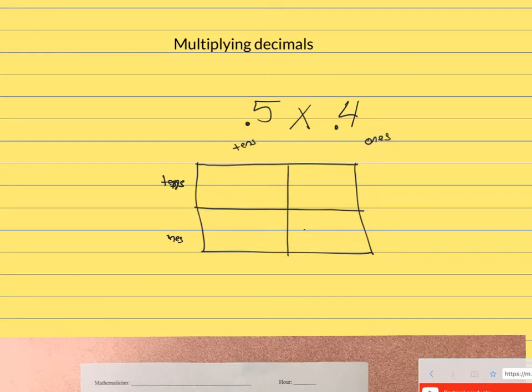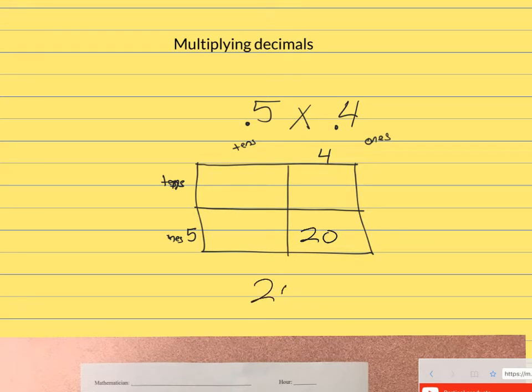Okay, so we just lay this out. So we got 5 times 4, and 5 times 4 is 20. And then we just add up what we have. Well, in this case, we just have one number, so that's okay.